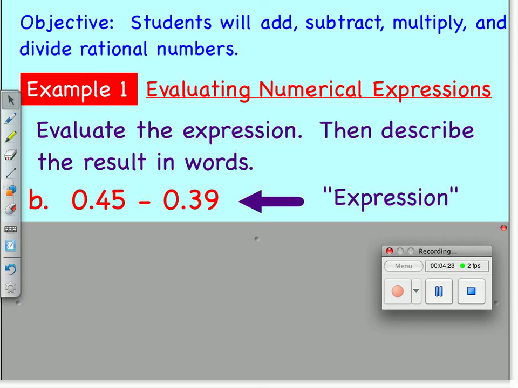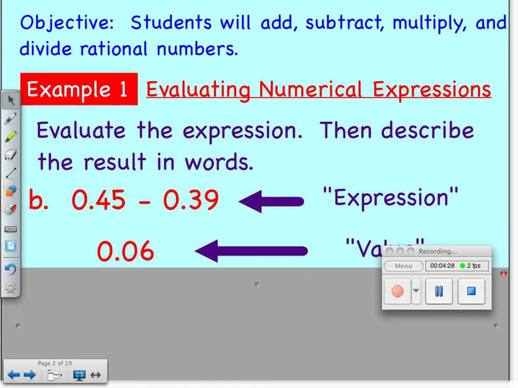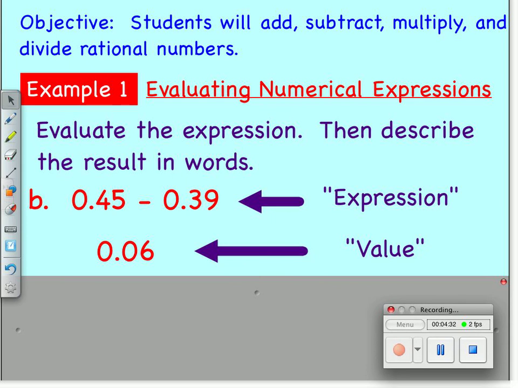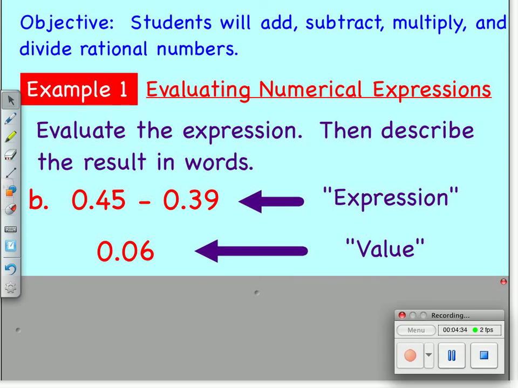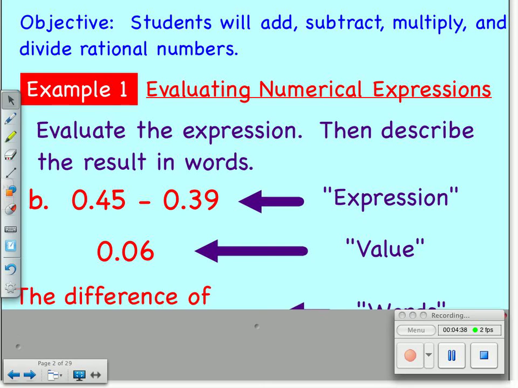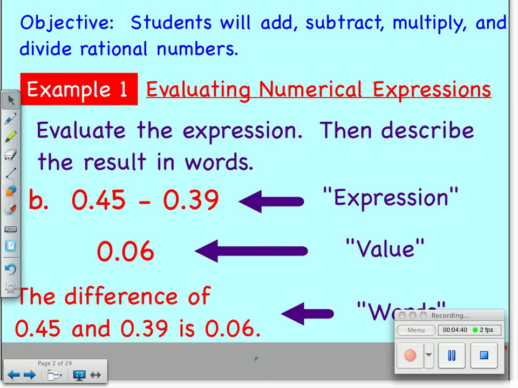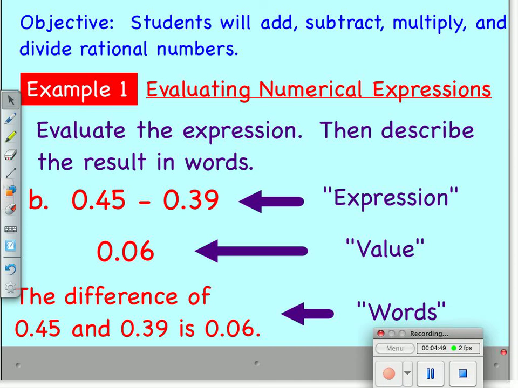So let's evaluate the expression, give the value by subtracting, and we get the value of 0 and 6 hundredths. And then let's put that into words. We would say the difference of 0 and 45 hundredths and 0 and 39 hundredths is 0 and 6 hundredths.